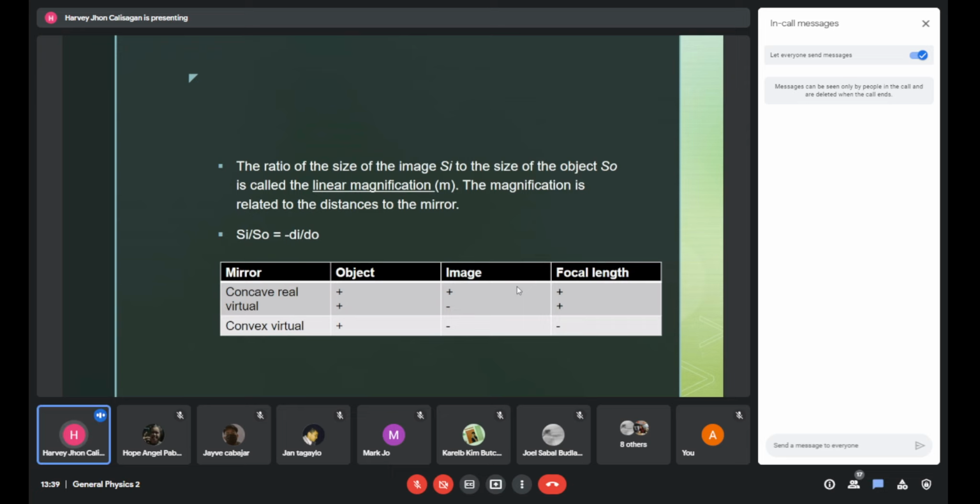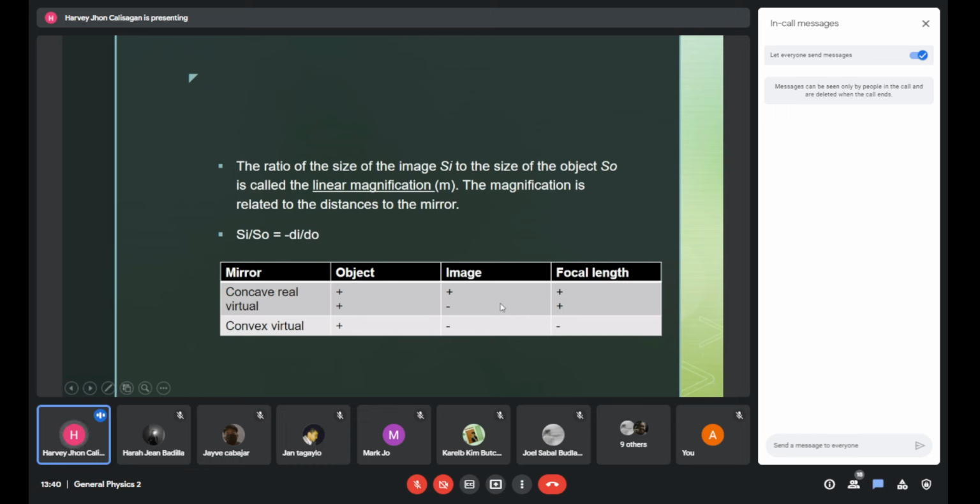For the virtual image, we have here the object, which is positive. The image here is negative and the focal length is positive. This time, if we have an object placed at a 5-meter distance, the image that will be shown virtually from the mirror will be blurred.